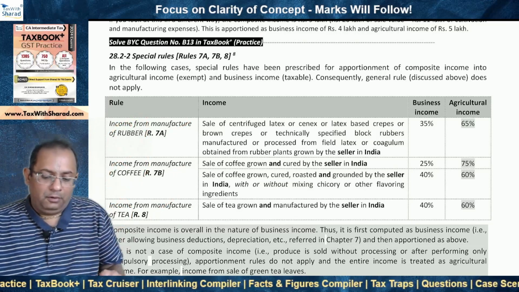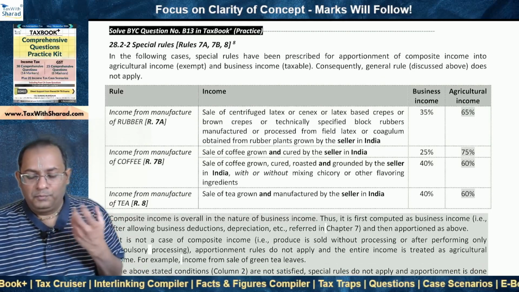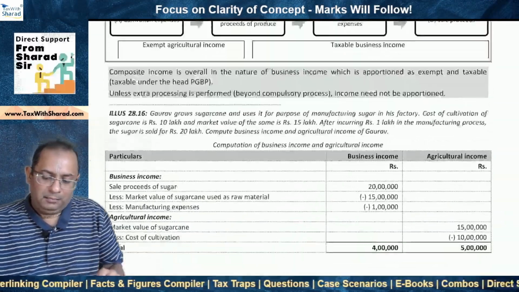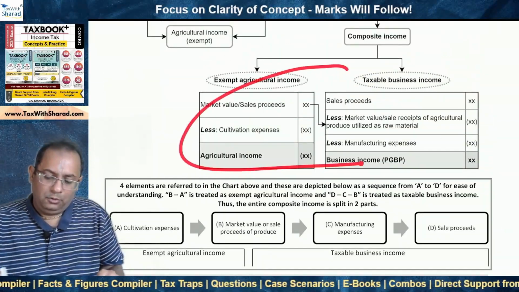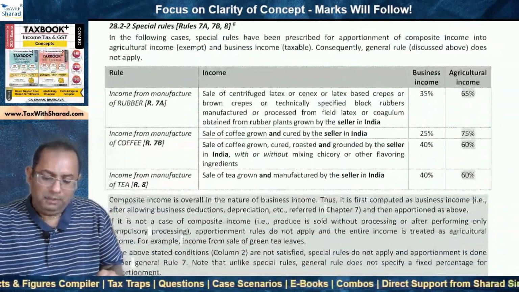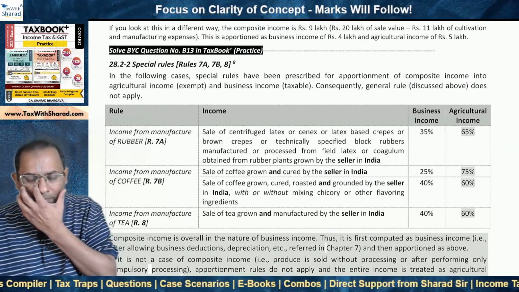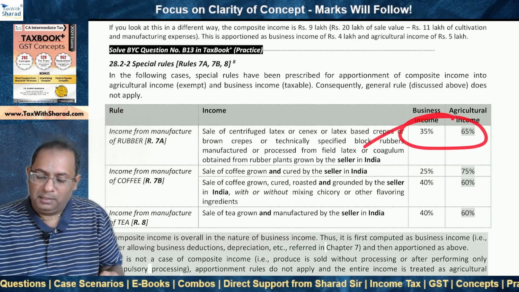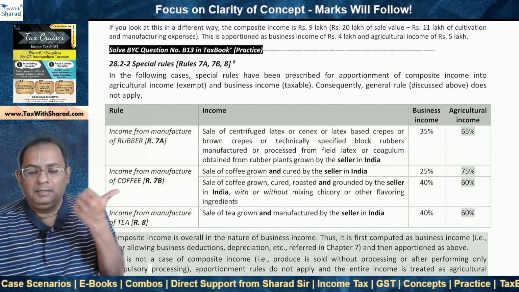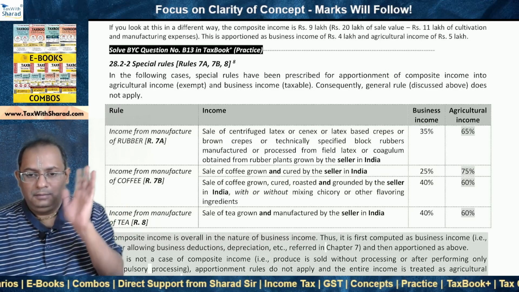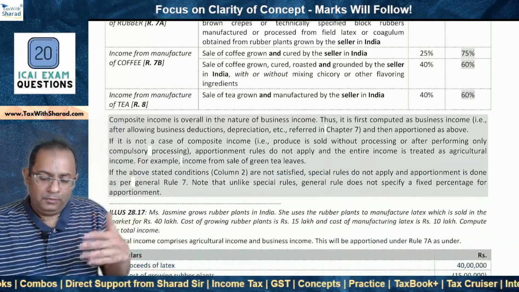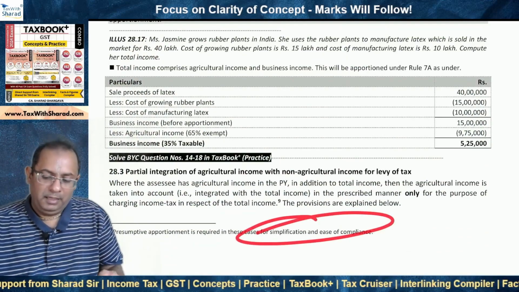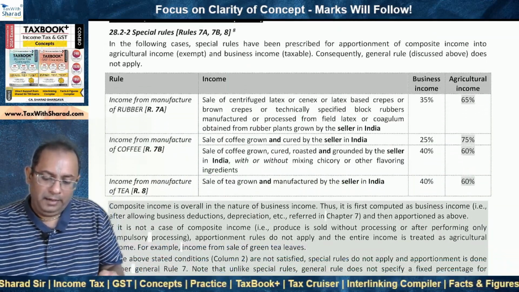And the reason for creating these special rules is to say that, okay, let's not do the plus minus as per the formula given in Rule 7. Let's not do all this exercise. Okay, let's simplify everything, and let's simplify the compliance process and the computation process, and let's straight away specify a percentage of the portion which will be treated as exempt and which will be treated as taxable. Finish. No need to do plus minus or detailed working. Okay, so for simplification and ease of compliance, these special rules have been provided.